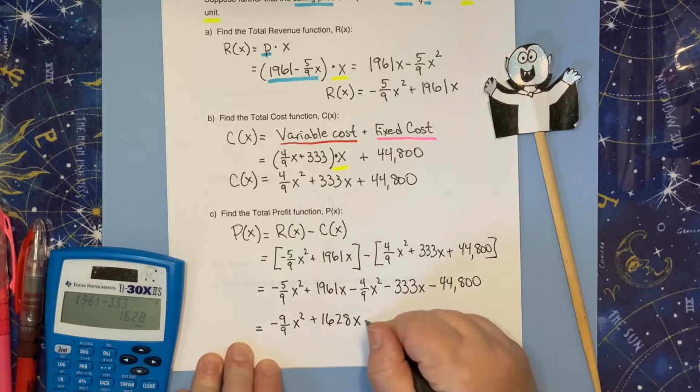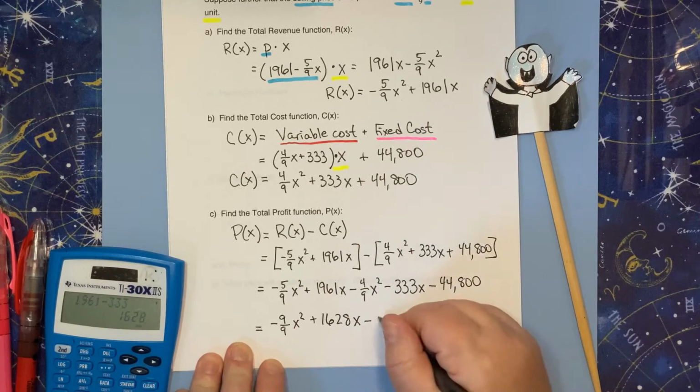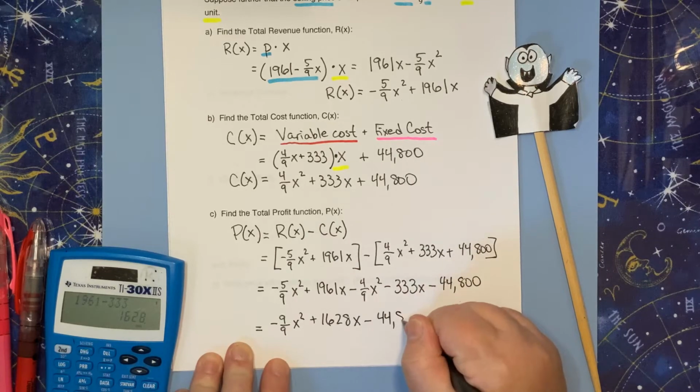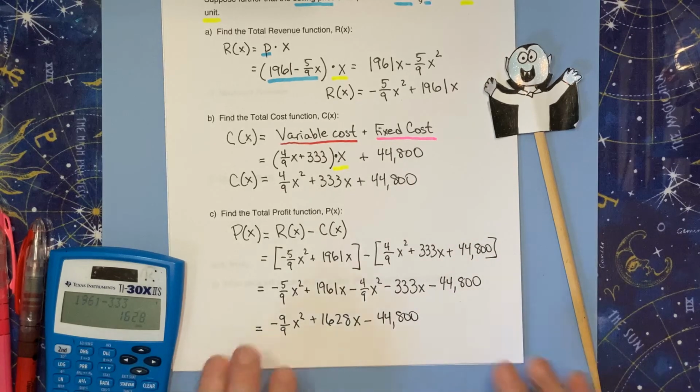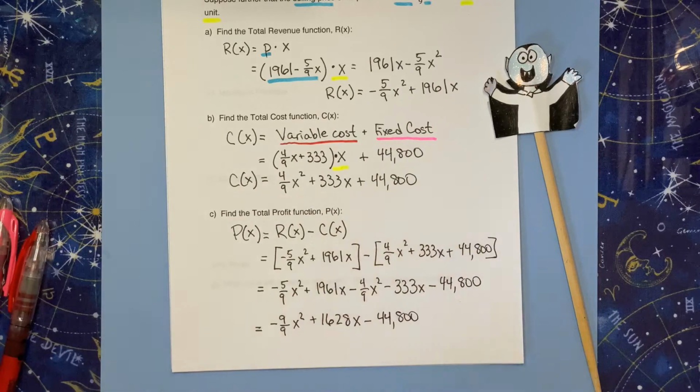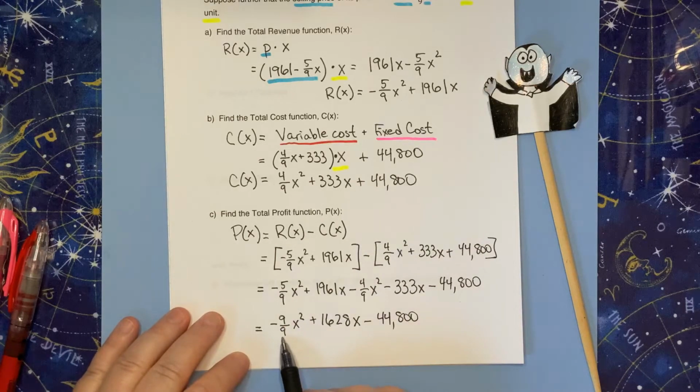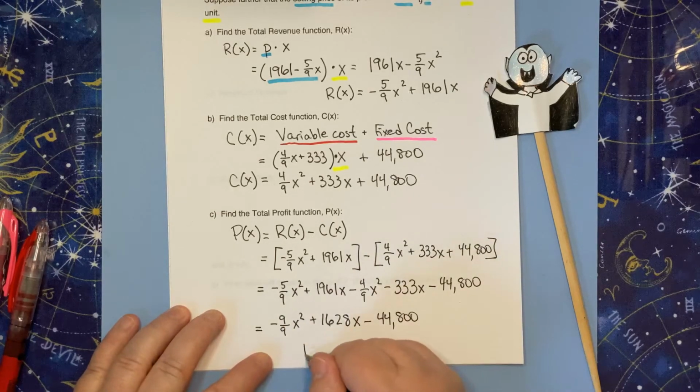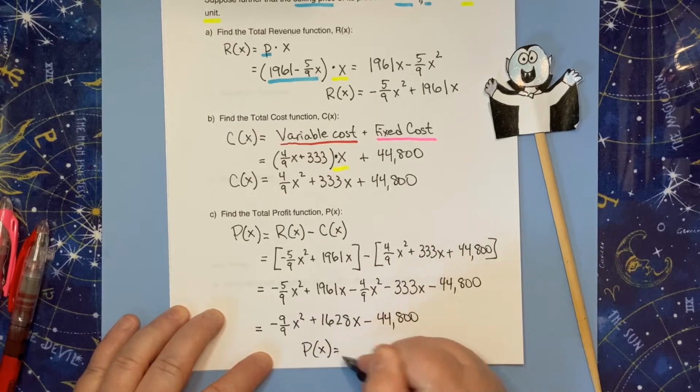And then that fixed cost is the only constant I have, so I don't have to work that out with anyone. Woohoo, yay! And then the only thing I need to do is recognize that somebody was looking out for us, because negative 9/9 is really just negative 1.